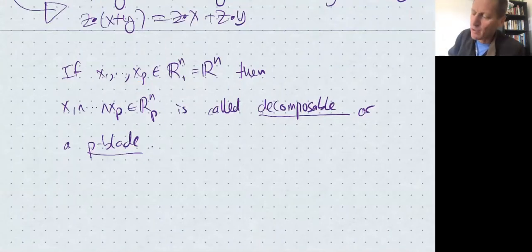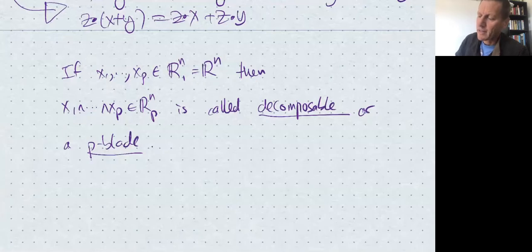But let me convince you that you shouldn't expect to get all p-vectors this way. In fact, you get a very small minority of p-vectors. The heuristic here is simply a dimension count. How many free parameters do we have when choosing this p-vector?